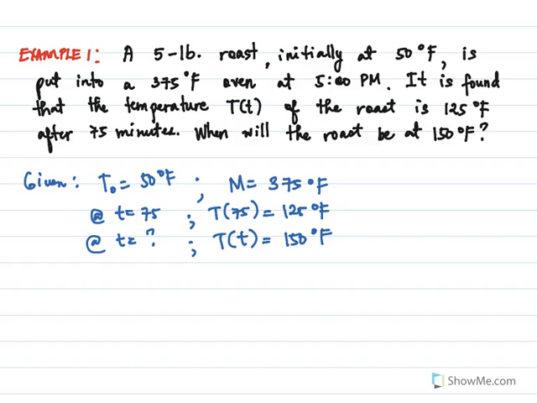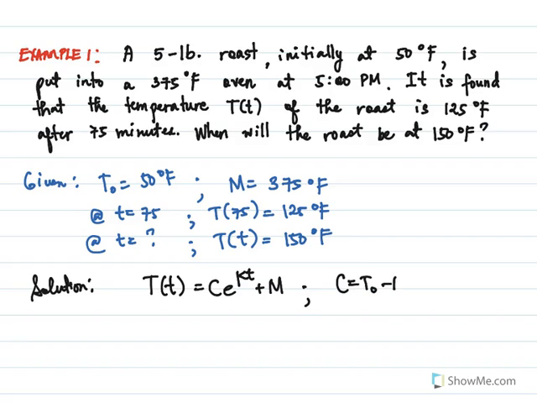Okay, so mula dito sa given, makuha agad natin is yung C. Pag sinet up natin yung ating general solution, that's T of t is equal to C e to the kt plus m. But since your C is just T naught minus m, then your C is simply 50 minus 375.